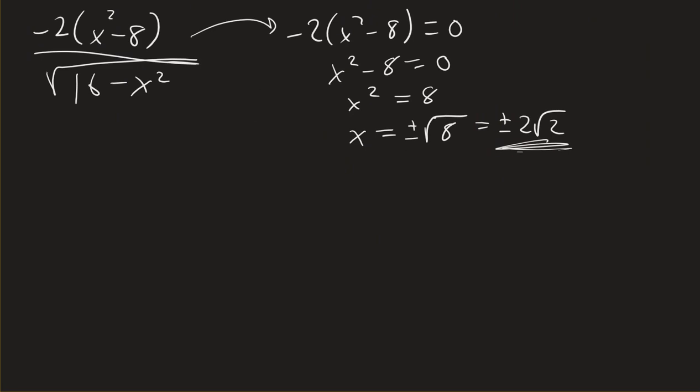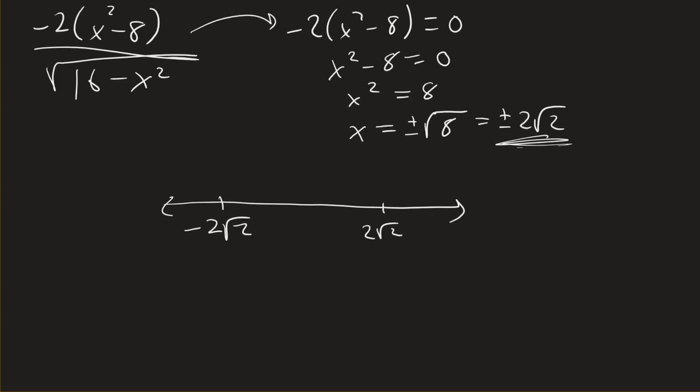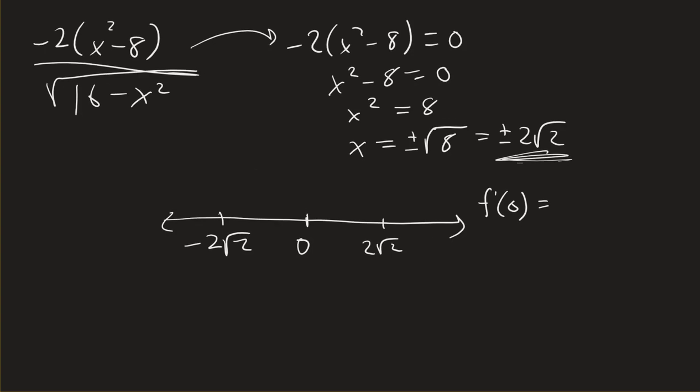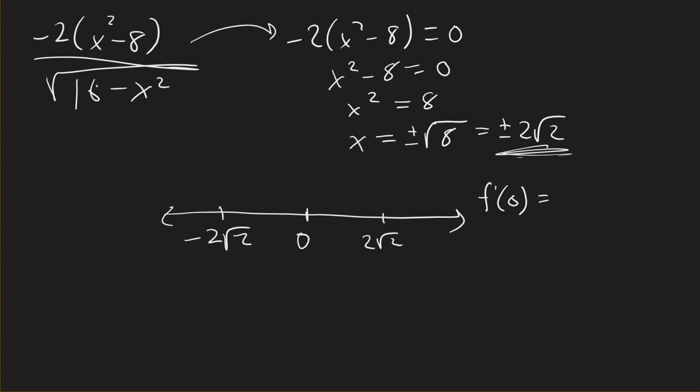So now my visual. On my number line, I specifically want to figure out what's happening at 2 square root of 2 before and after, and the same with negative 2 square root of 2, so I can figure out what's happening in between. Something like 0 would be an easy one, hopefully, to work with. So if I evaluate the derivative at 0, over here's my derivative up here.